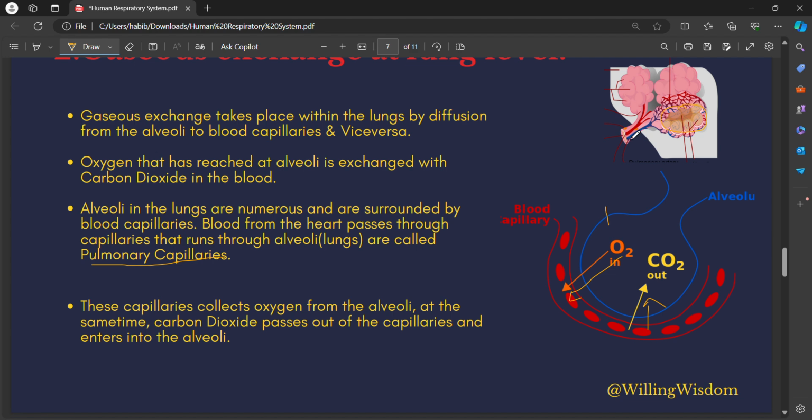Okay, so the vein will collect the carbon dioxide from the tissue level and transport it to the alveoli part, and the arteries will collect the oxygen from the alveolus and transport it to the heart and thereby to the rest of the body. And that is how the gaseous exchange occurs at lungs level.